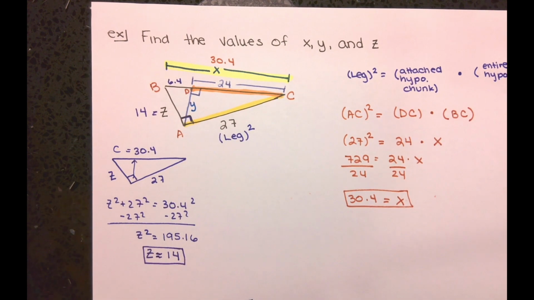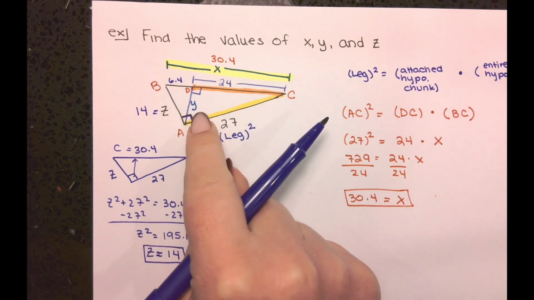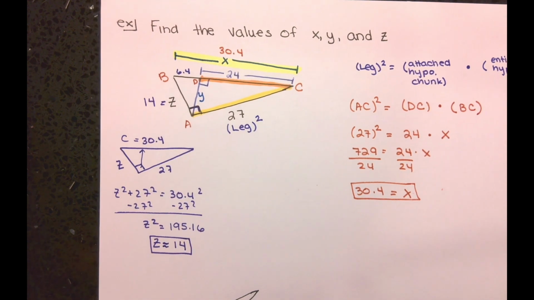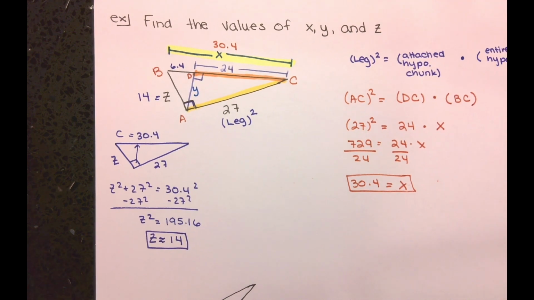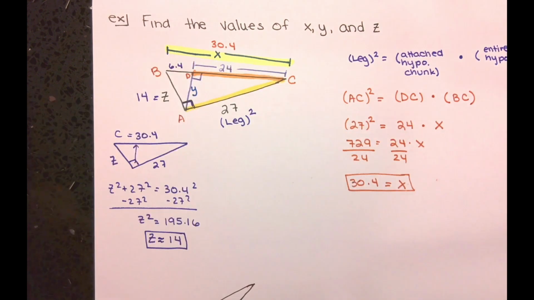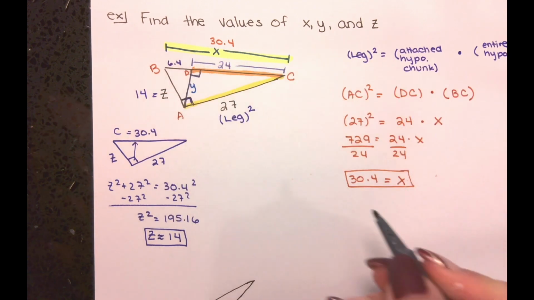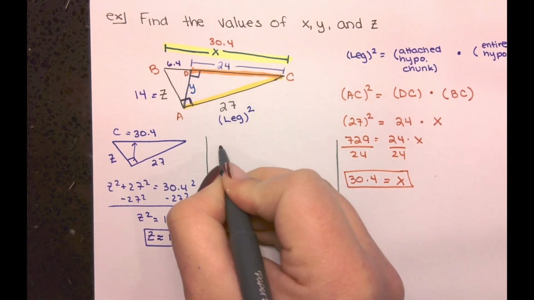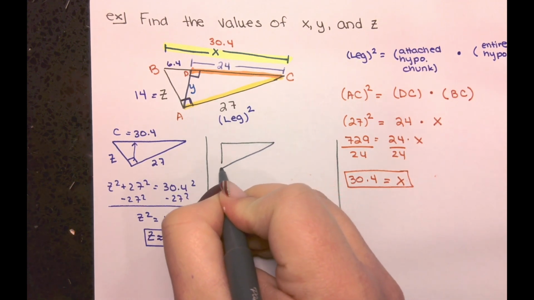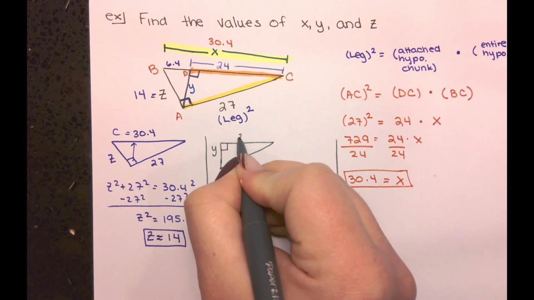And then we do need our altitude, which is y. And again, you have a choice to make. You can either use the altitude theorem, or you can do the right triangle Pythagorean theorem, because we do, again, see another right triangle here. I'll separate this out for you guys. So we had y, 27, and 24.